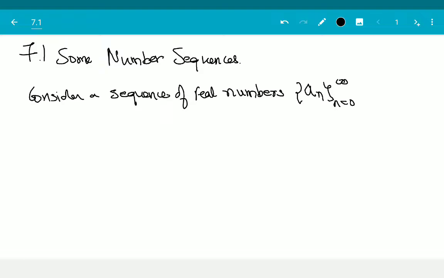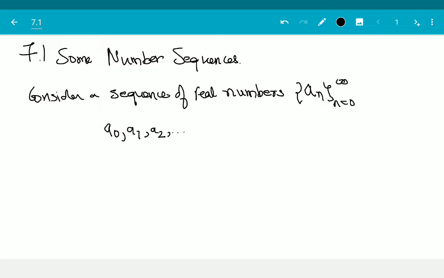And what is this? This is just the shorthand notation for a0, a1, a2, and so on, all the way up to infinity.